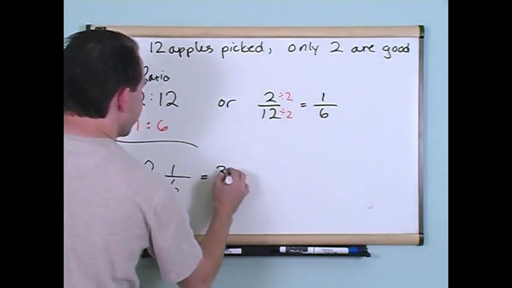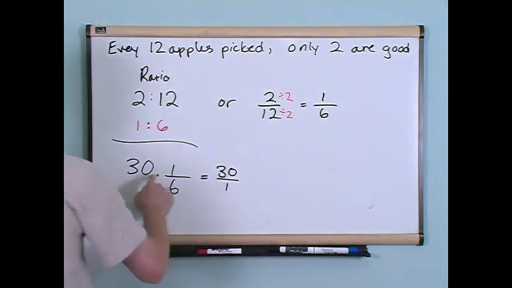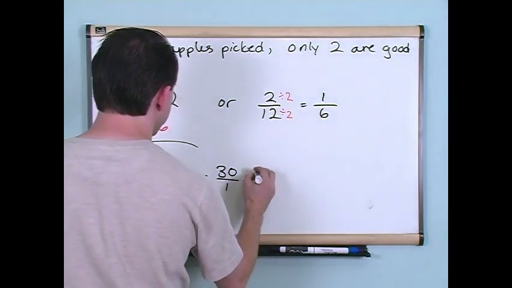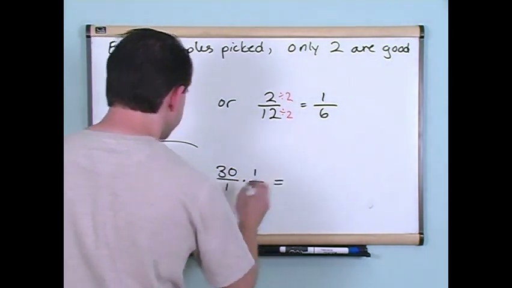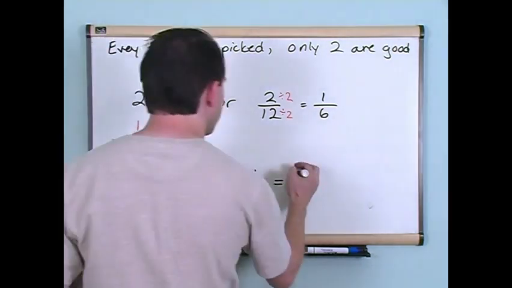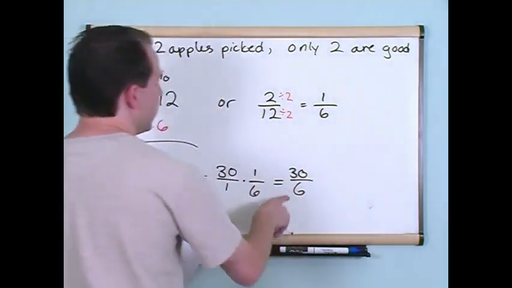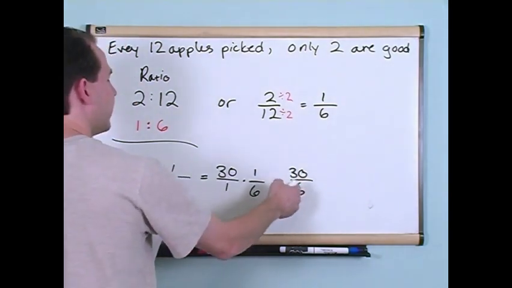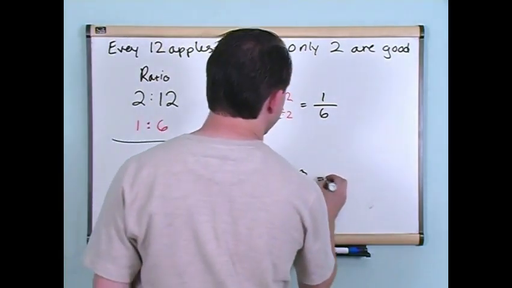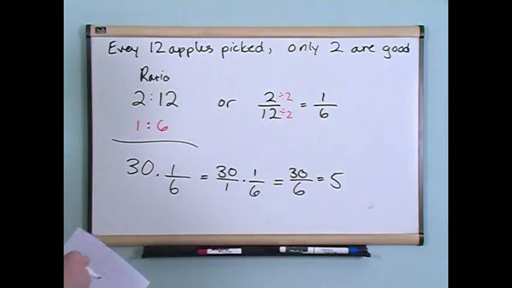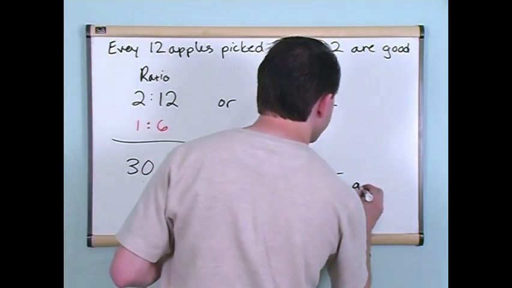So to do this, I'm going to make it 30 over 1, which is going to equal 30 times 1/6. 30 times 1 gives me 30. 6 times 1 gives me 6. And then to simplify this, 30 divided by 6 is simply 5. So I should get 5 good apples out of 30.